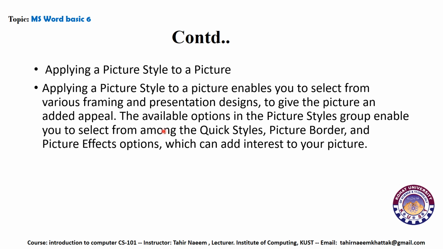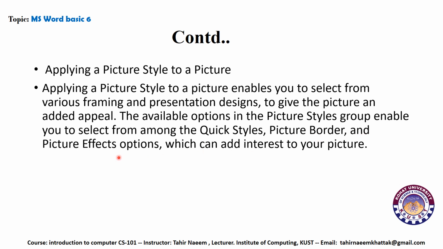So here, as I have previously mentioned, we can apply different picture styles to our picture. This style can be applied through Quick Styles, which are already present inside the library of Word. Or we can apply different picture borders, so that our image looks beautiful.